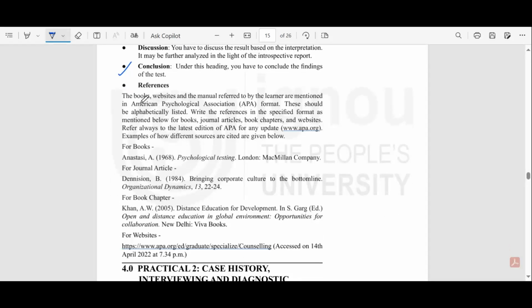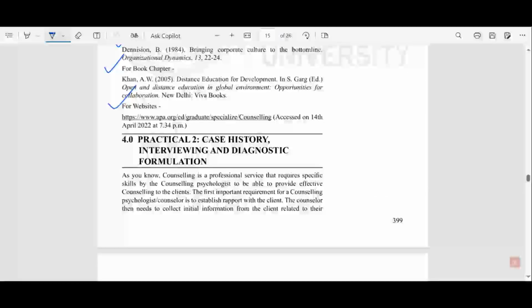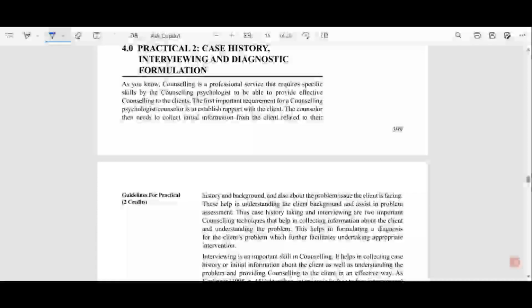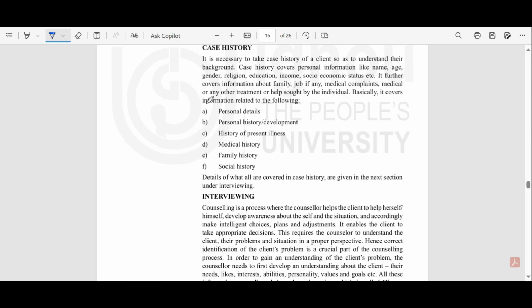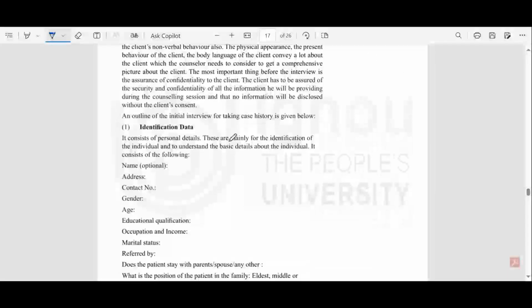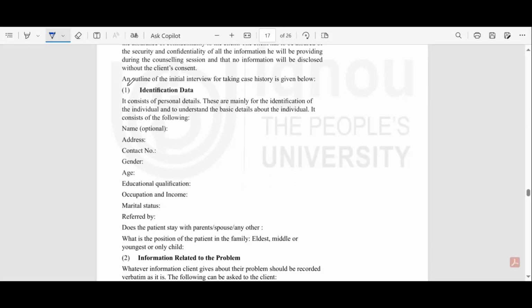So what is the format of APA? You have to first write the books, then articles, then book chapter, and then at last websites, right? So for second practical, you have to write the case history, interviewing process, diagnostic formulation. So what to include in case history? You have to include these details in case history, and in the interview outline, you have to include these, right?